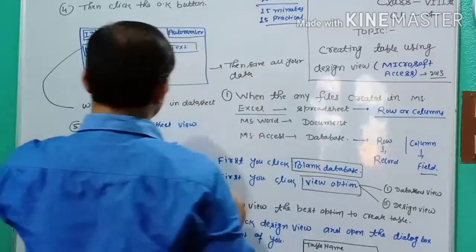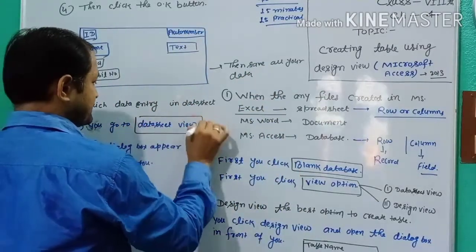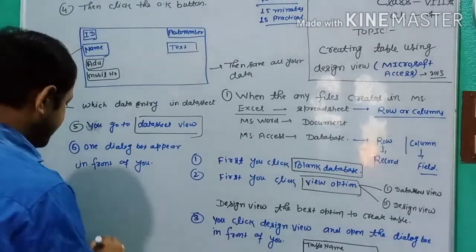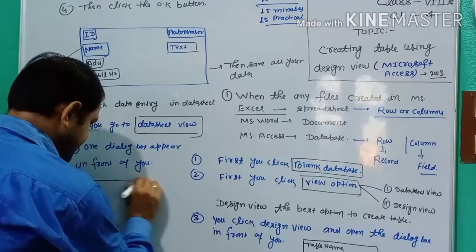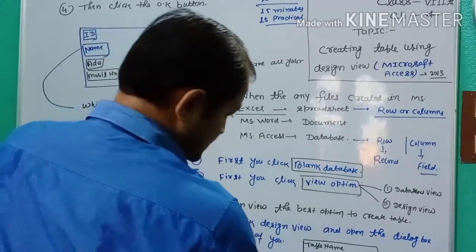Then after, you go to the data sheet view. When you go to the data sheet view, one dialog box appears in front of you. This is the dialog box.